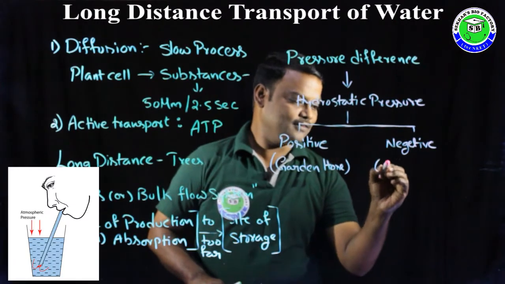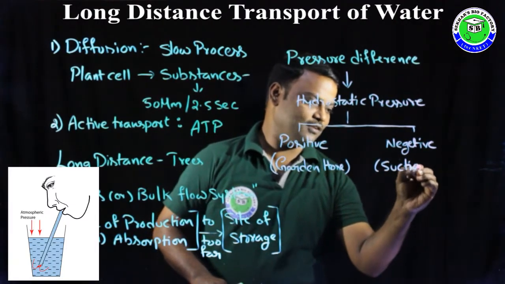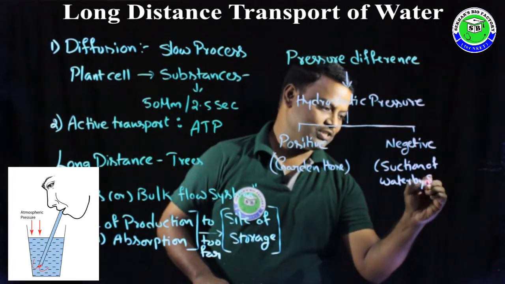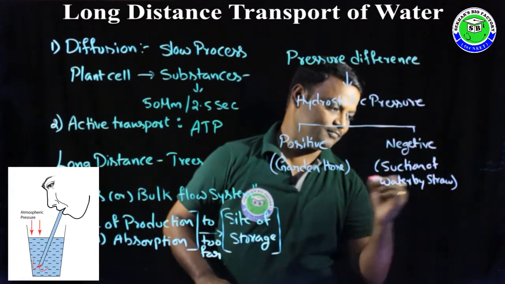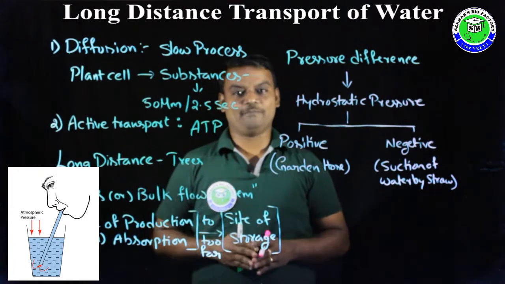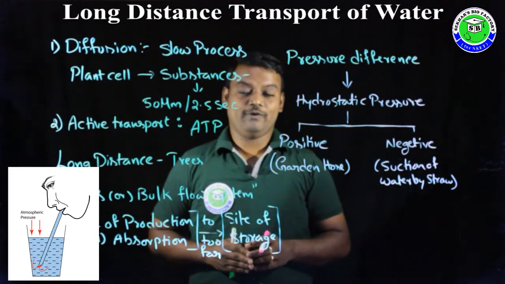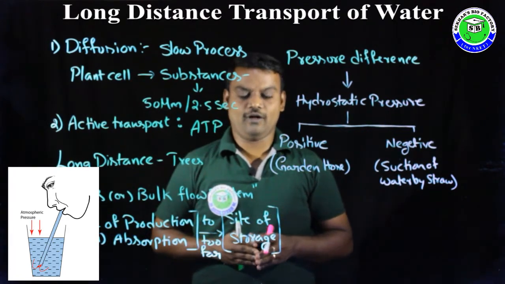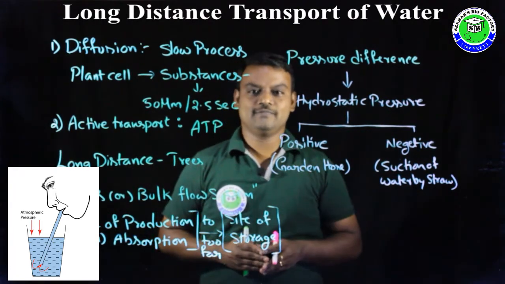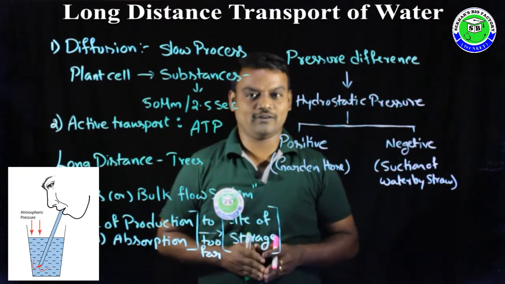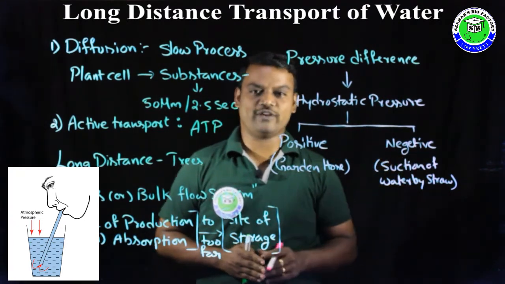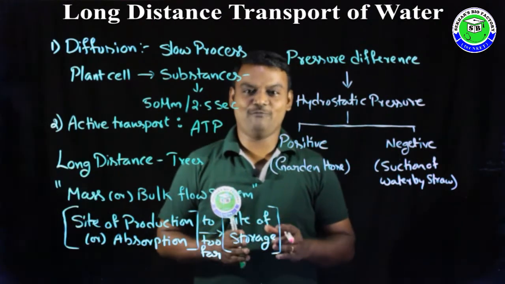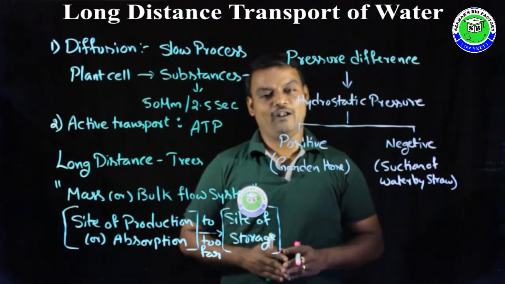In this, suction of water by straw. So suction of water by straw. By taking one straw, when we create some pressure at one end of the straw to pull the water, this pulling of water is a negative hydrostatic pressure, and this negative hydrostatic pressure is also helpful to transport water for long distance.